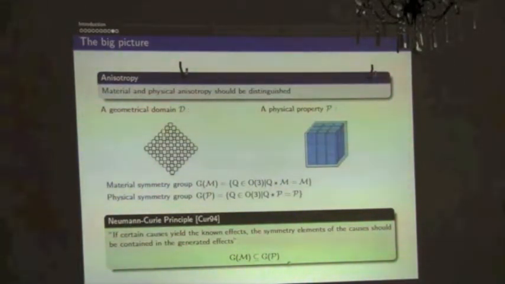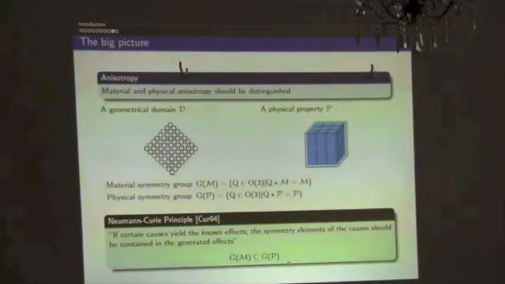And this principle states that as soon as you have symmetry in the cause of a phenomenon, you should have the same symmetry in the consequence of your phenomenon.